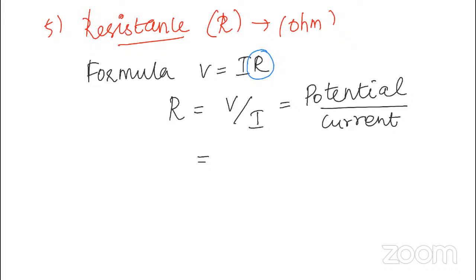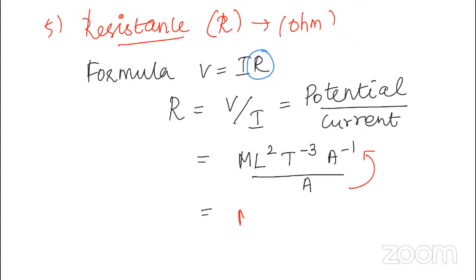So what is the formula for potential? That is M L square T power minus 3 into A power minus 1 divided by A. We just bring A into the numerator.